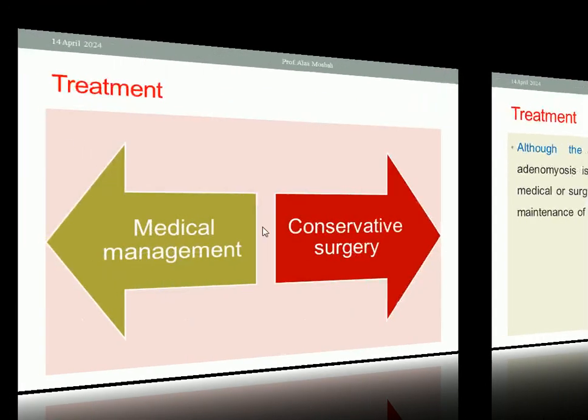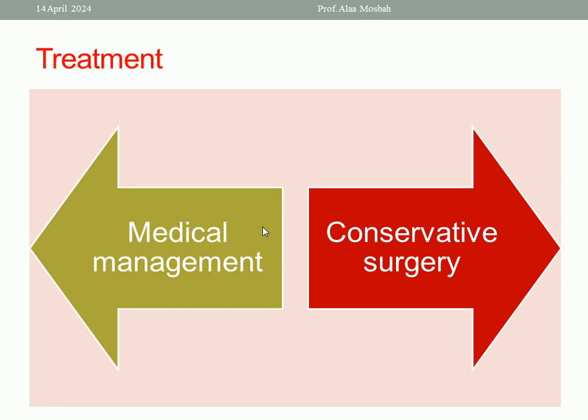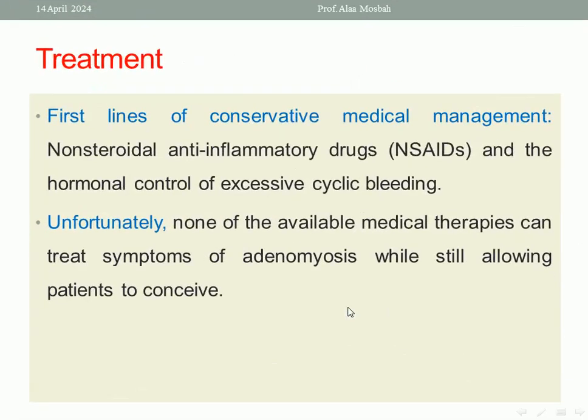Let us see the details of these big categories: medical management and conservative surgical management. First lines of conservative medical management include non-steroidal anti-inflammatory drugs and the hormonal control of excessive cyclic bleeding.